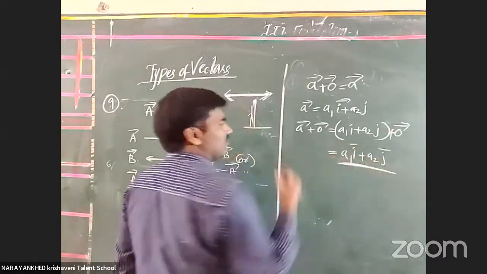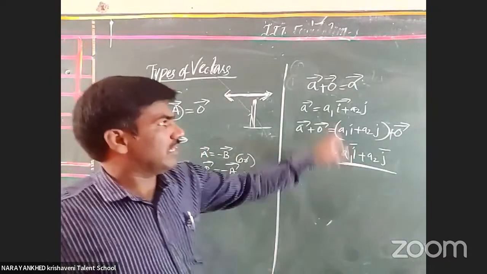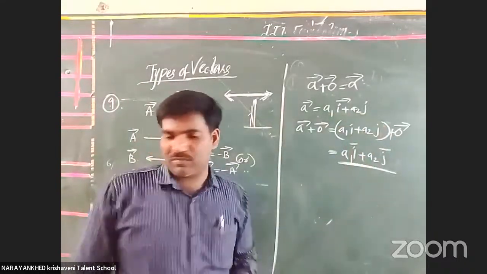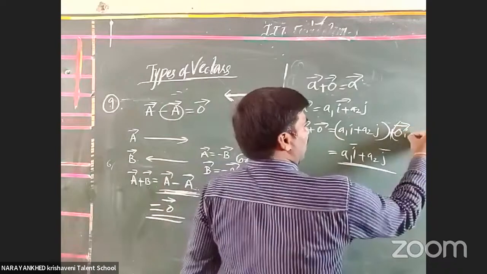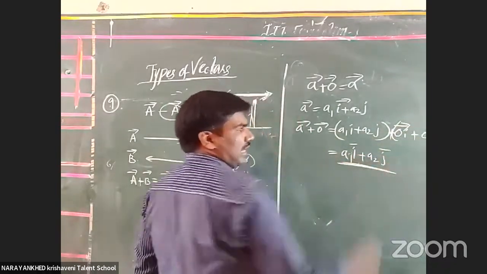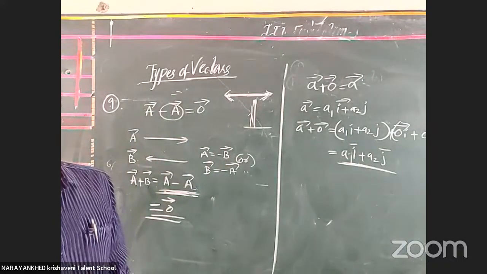Got it or not? This becomes A bar only. The 0 bar means 0 into i bar plus 0 into j bar. So A1 plus 0, A2 plus 0, which becomes A1 and A2 only. Clear or not?